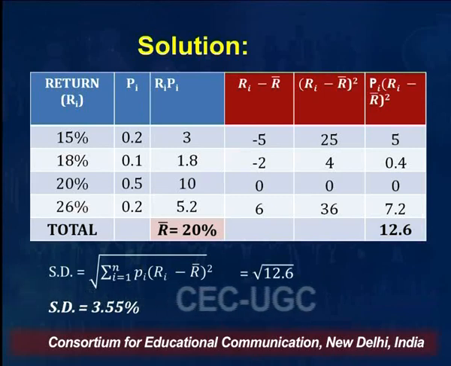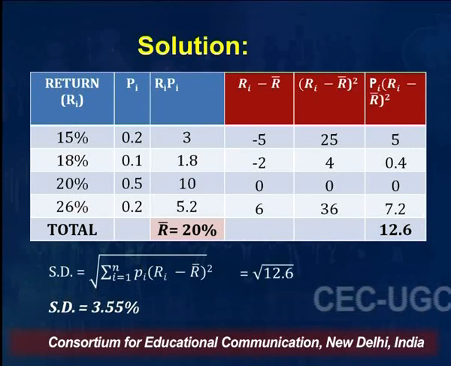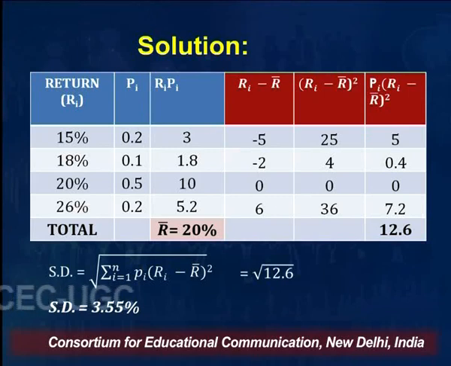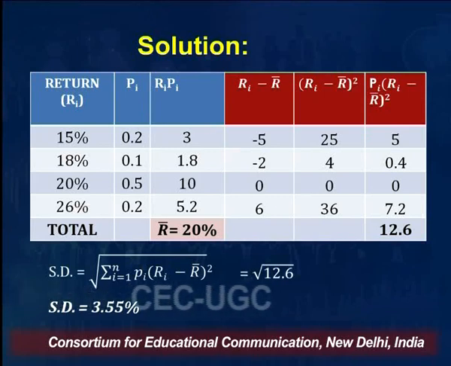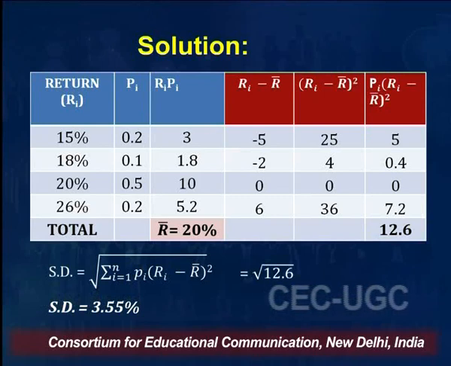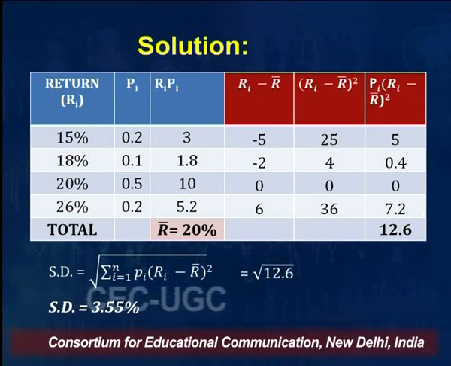So in order to calculate the standard deviation, the first step is to calculate the average return. The average return is nothing but the summation of return into probability. So Ri Pi, you make a summation of it, you will get the average return.